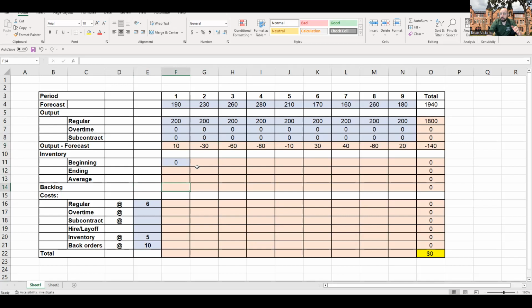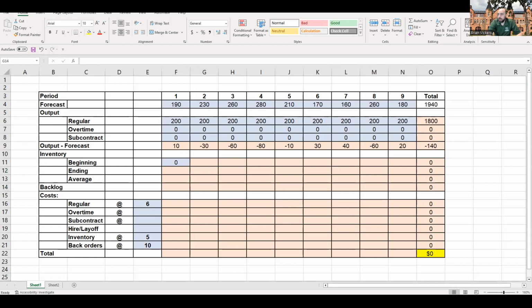I do not want it to show negative 30. Instead, I want to show 0 because I cannot end the period with a negative number. I can't have negative inventory. I either have inventory or I don't. So then my backlog is where I want to show whatever value this negative number would be. I want to show it here instead.